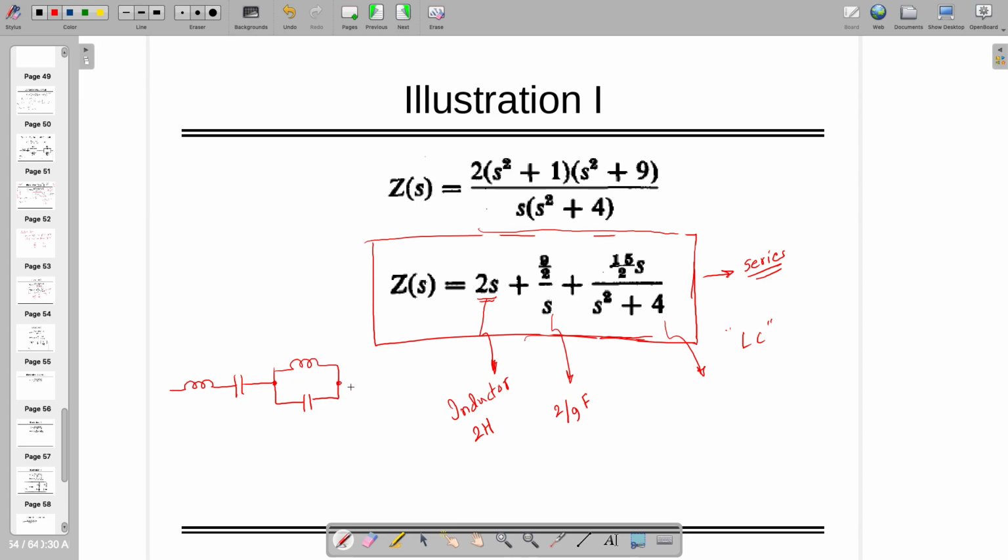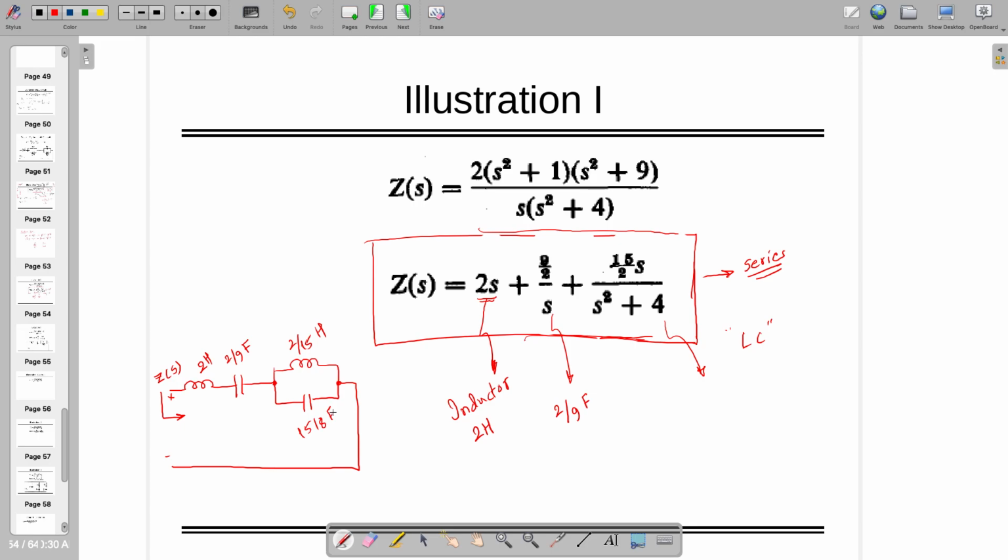Where this one is connected, we are taking back. What are the values? 2 Henry, 2 by 9 farad. What about this? 2 by 15 Henry, 15 by 8 farad.